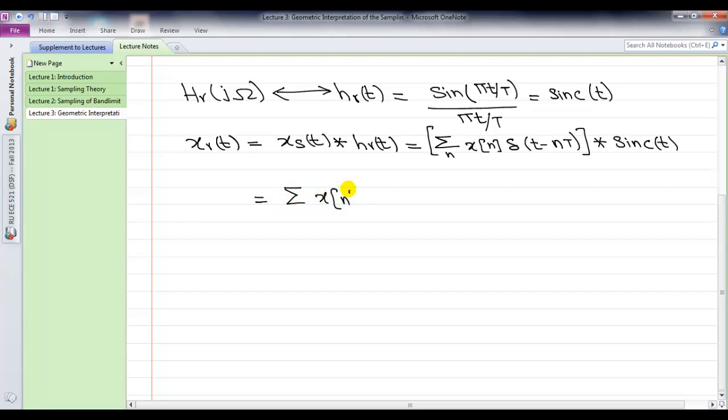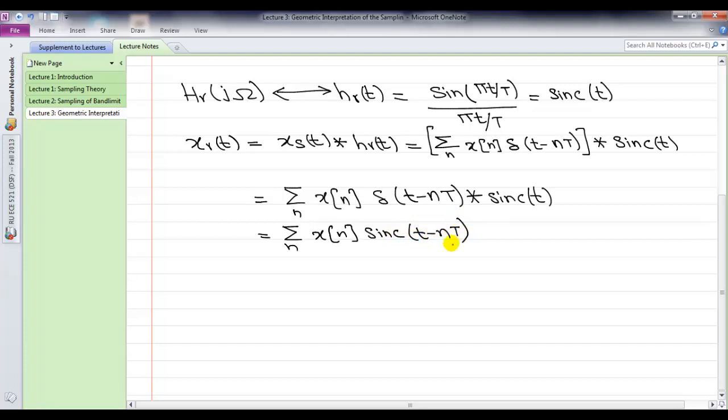We have x[n] delta of t minus nT convolved with sinc of t. And if we remind ourselves of the convolution property, when we convolve a function with an impulse or a delta, the only thing that happens is the function gets moved to the location of the impulse. So we get the sum over n of x[n] sinc of t minus nT.